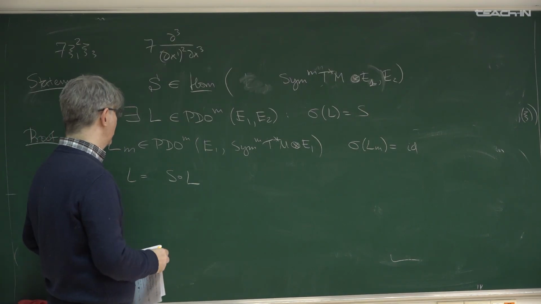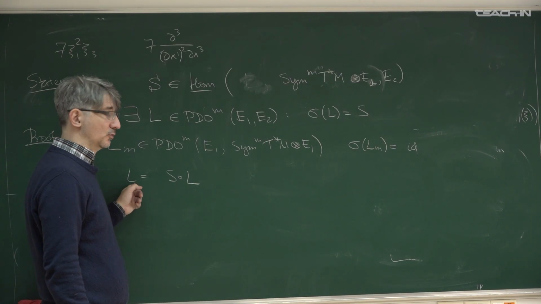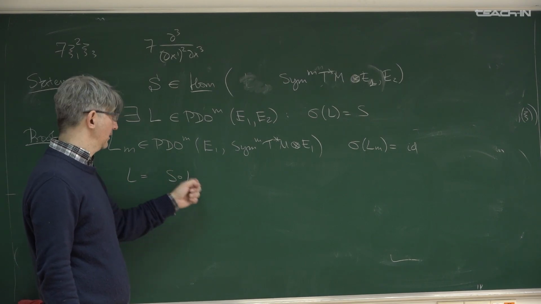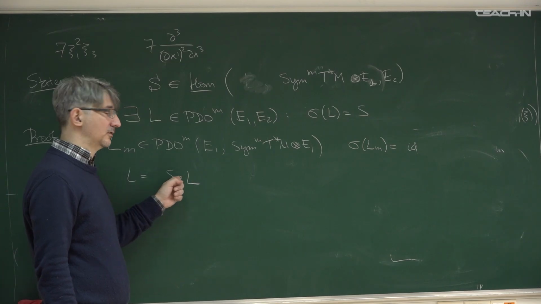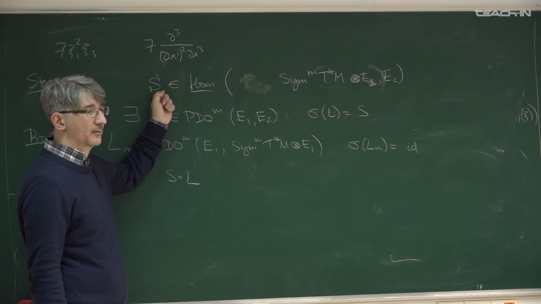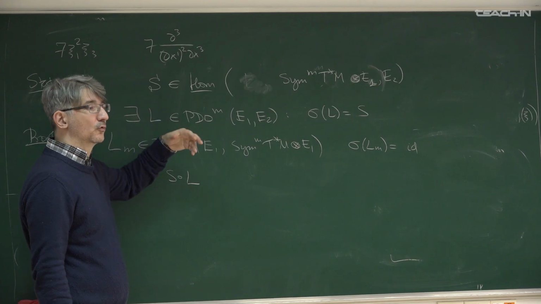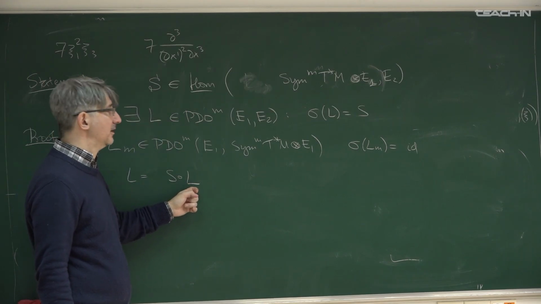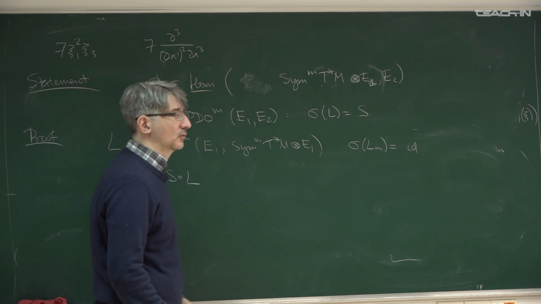Then the symbol of this composition will be the composition of two symbols, the symbol of the linear operator and the symbol of the differential operator. The symbol of a linear operator is the same as the operator itself. No xi applied. And all xi's sit here. And they give you everything you want.